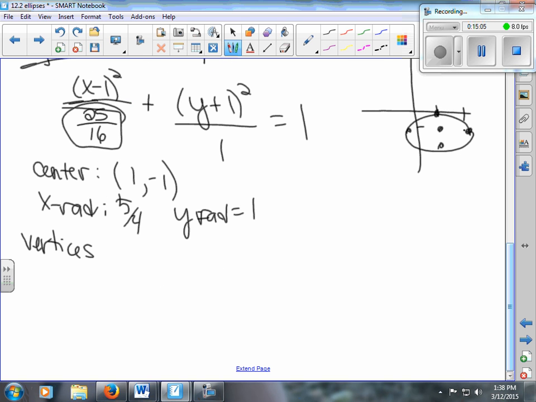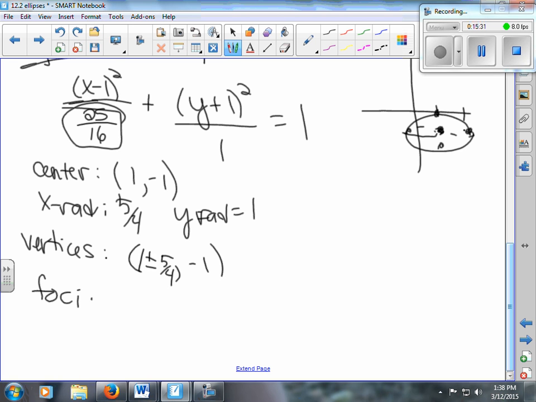The y-coordinate stays the same. The y-coordinate is -1 no matter what. But the x-coordinate is going to be the center back the x radius and then the center right the x radius. So that would be 1 plus or minus 5/4. Those 2 points there.